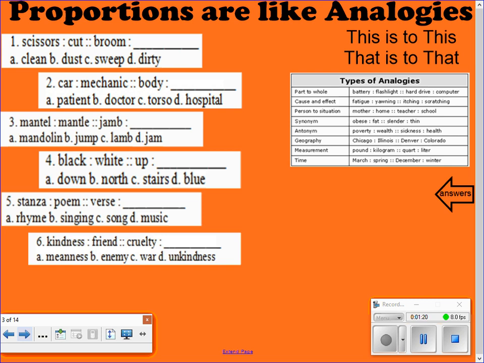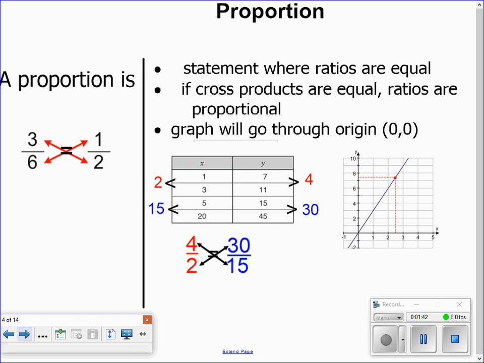We can see that car is to mechanic as body is to doctor. We're looking at how these things are related. We can see mantle is to mantle as jam is to jam, black is to white as up is to down. When we're looking at comparing two things, we're looking at these similarities, these specific outcomes that come as a result.